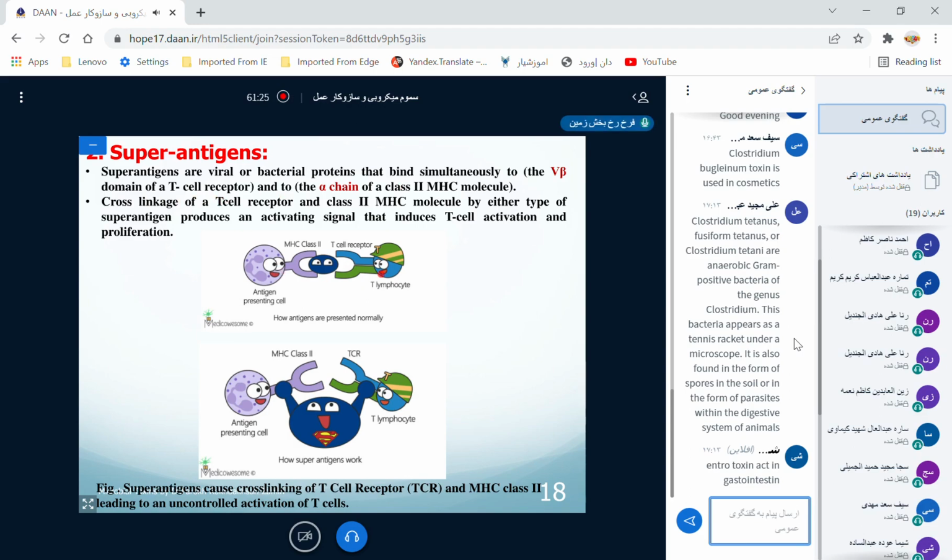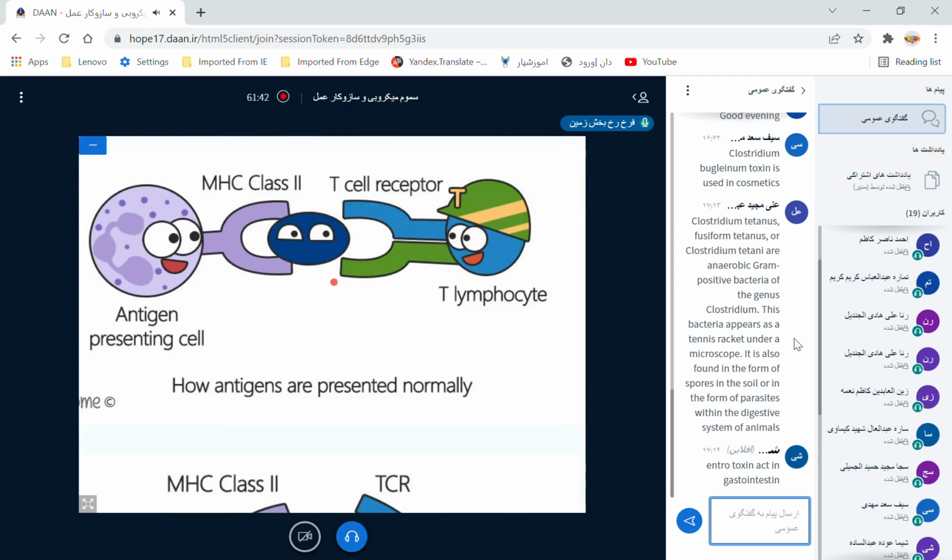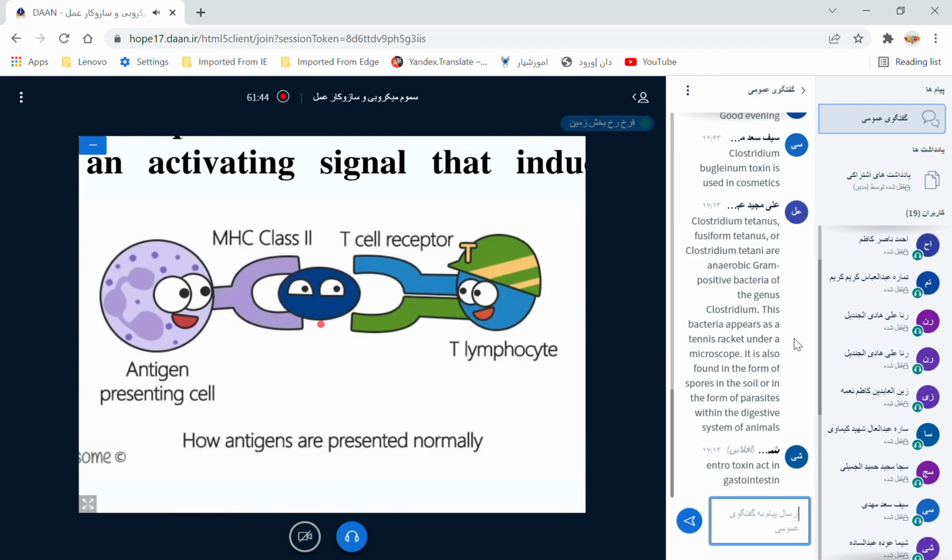So connecting the T cell receptor and the alpha chain of the MHC class 2 molecule. In the normal case, when there is an antigen, it first connects to an antigen presenting cell, like white blood cells or macrophages.